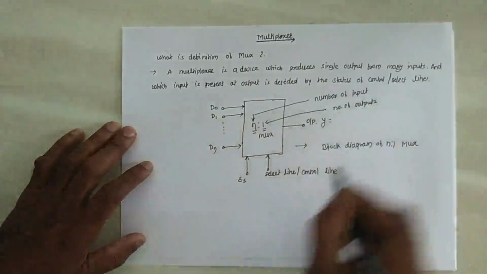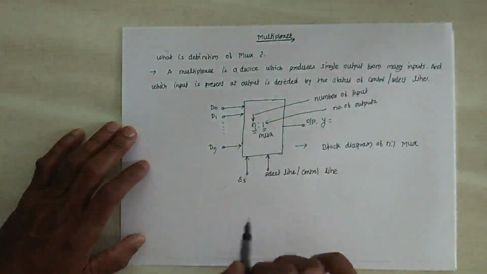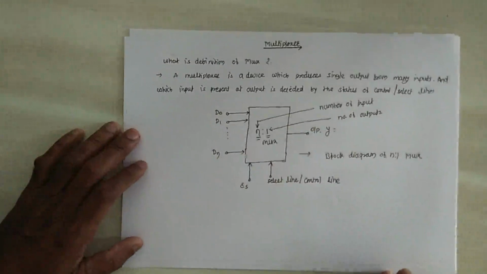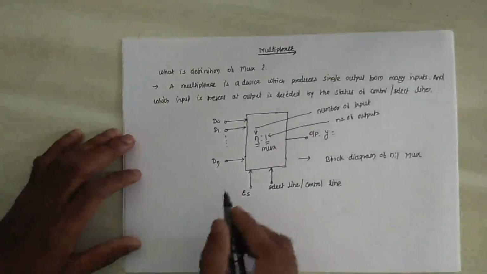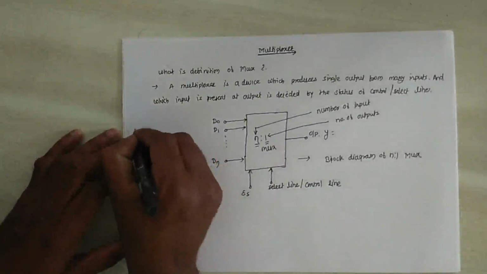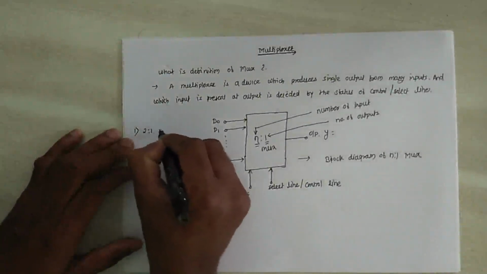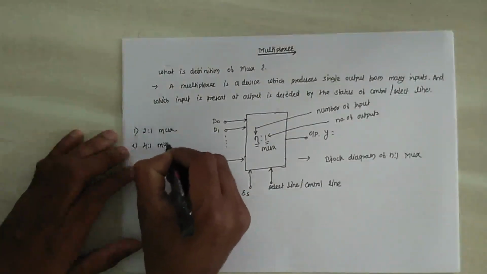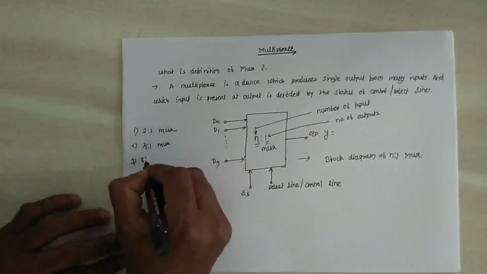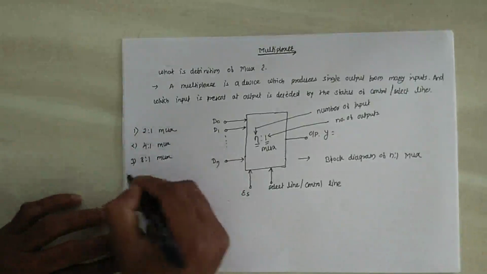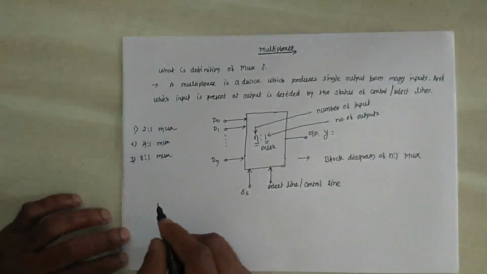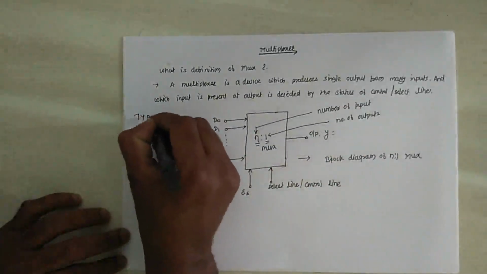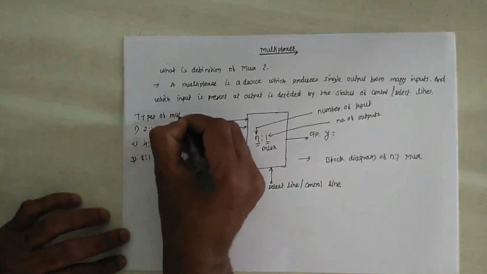So there is no need to consider how many outputs are present; only one output is present in a multiplexer circuit. Depending on that, multiplexers are classified into different categories: the first is 2/1 mux, the second is 4/1 mux, the third is 8/1 mux, and maybe 16/1, 32/1. It depends upon which application we are going to implement. These are the types of multiplexers.